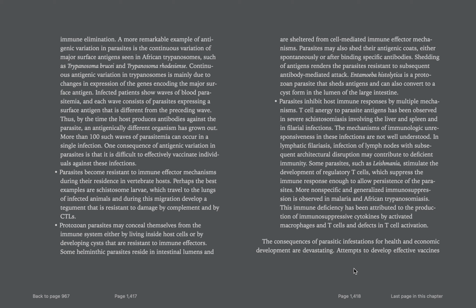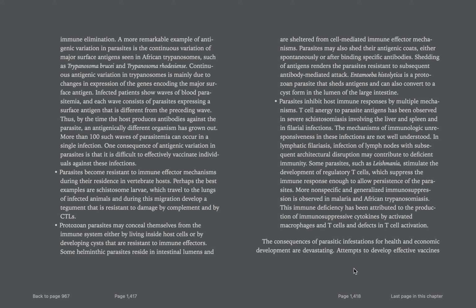Some helminth parasites reside in intestinal lumens and are sheltered from cell-mediated immune effector mechanisms. Parasites may also shed their antigens, either spontaneously or after binding specific antibodies.